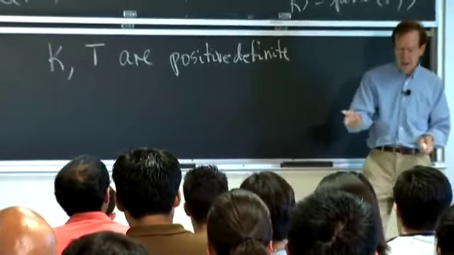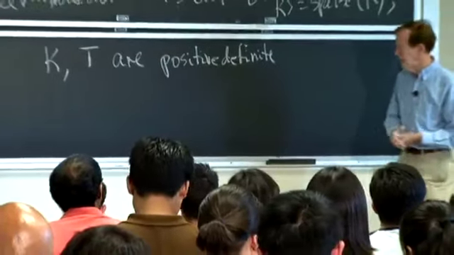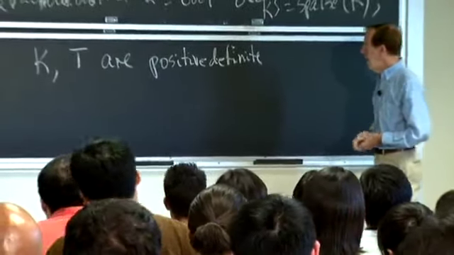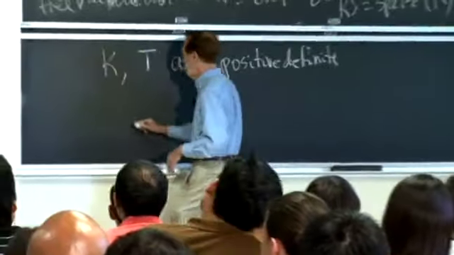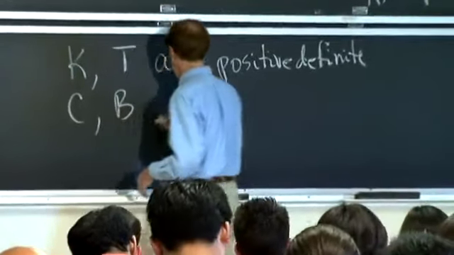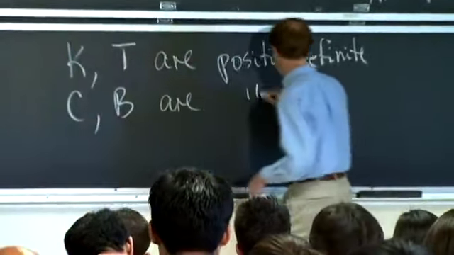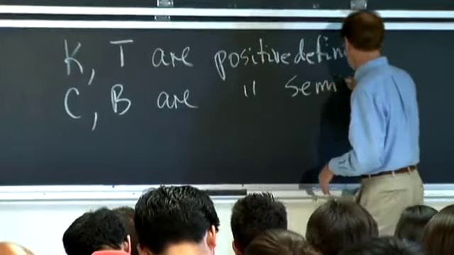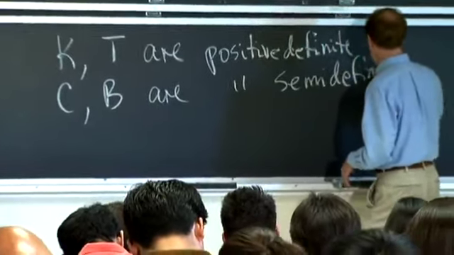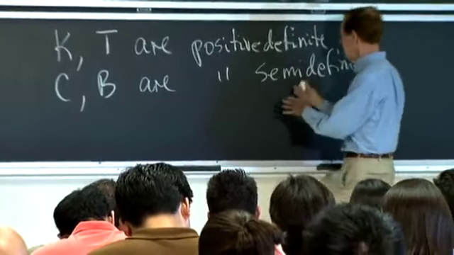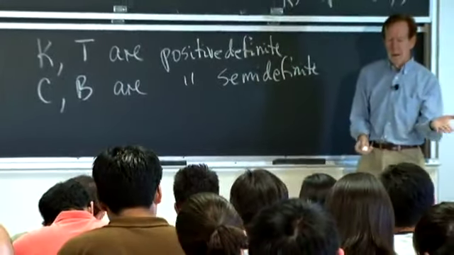Because, well, I can tell you one way to recognize a positive definite matrix. And while we're at it, let me tell you about C and B. Those are positive semi-definite. Because they hit 0 somehow.